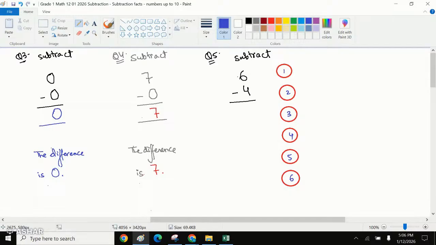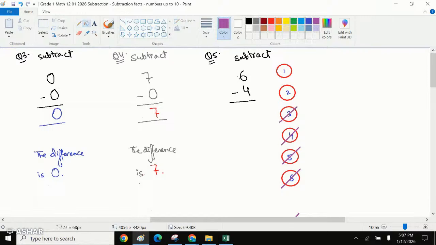So what is the difference of these two numbers? 6 minus 4 would mean if we had 6 circles and we remove 4 out of these, 1, 2, 3, and 4.